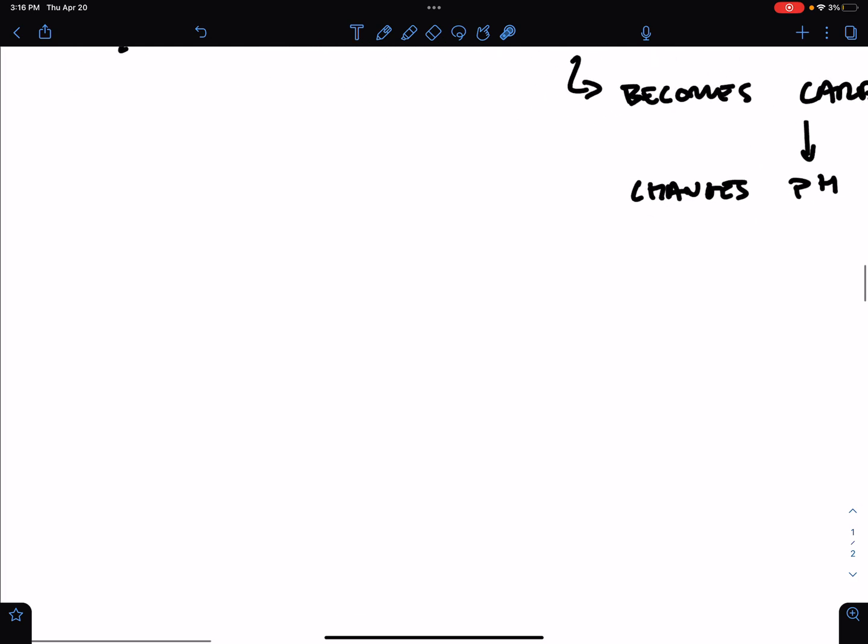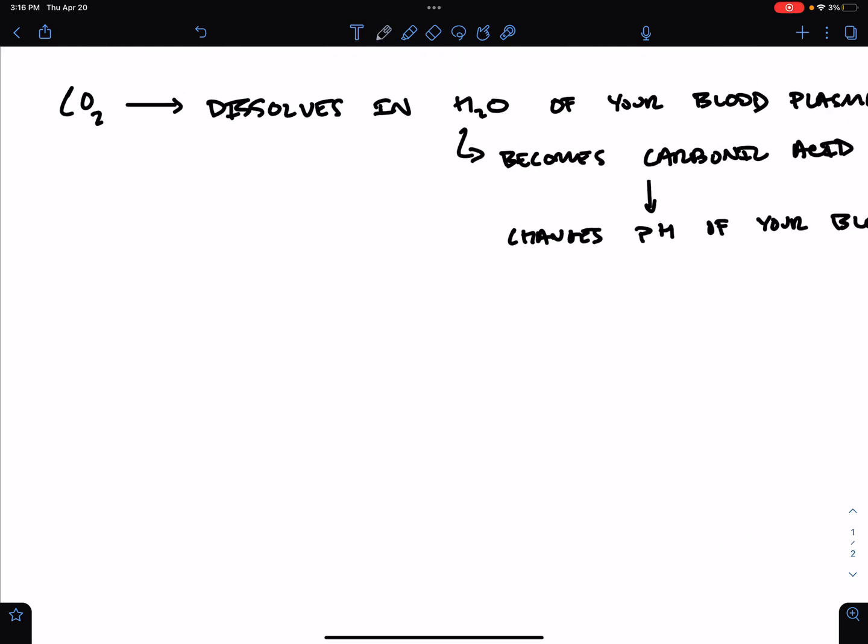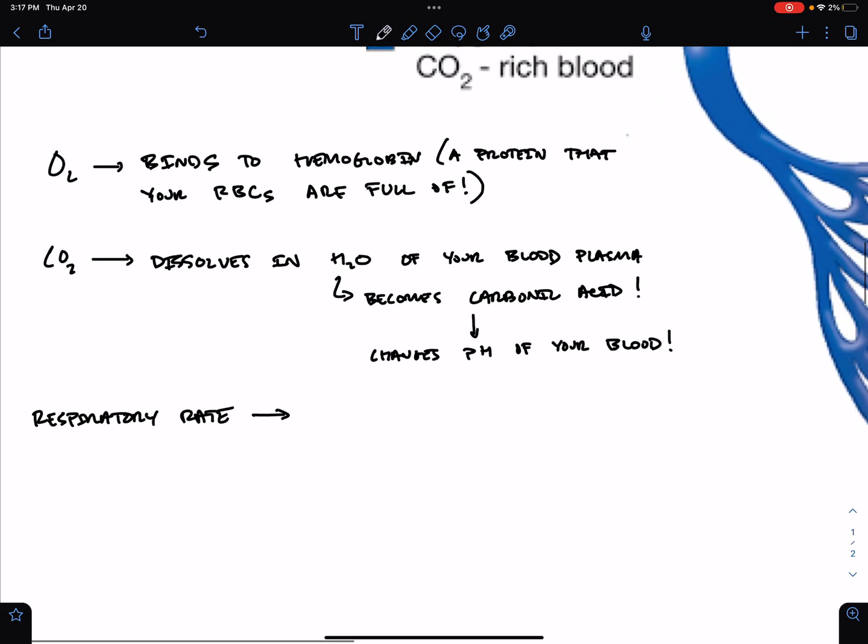Now, this all connects to your respiratory rate, which is how often you're breathing. Usually we measure your respiratory rate as breaths per minute. Most people just assume that your respiratory rate is controlled by the amount of oxygen in your blood. And it's true that the amount of dissolved oxygen in your blood does impact your respiratory rate, but that's more over the long term.